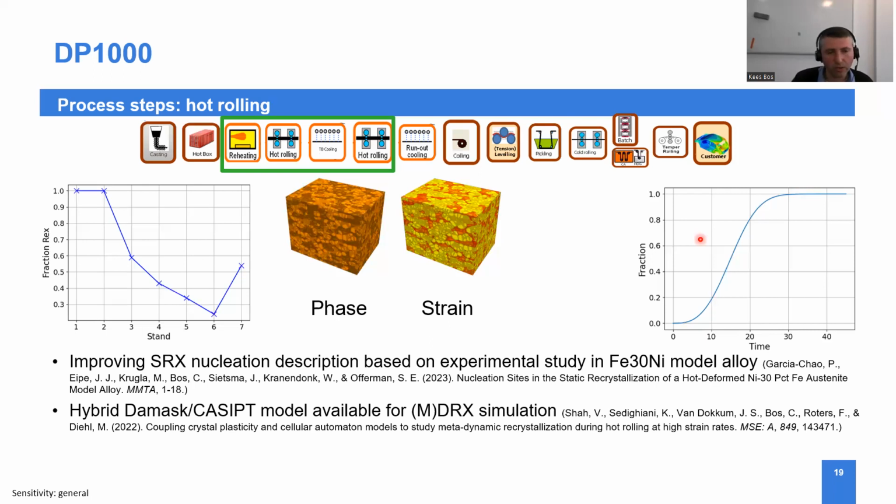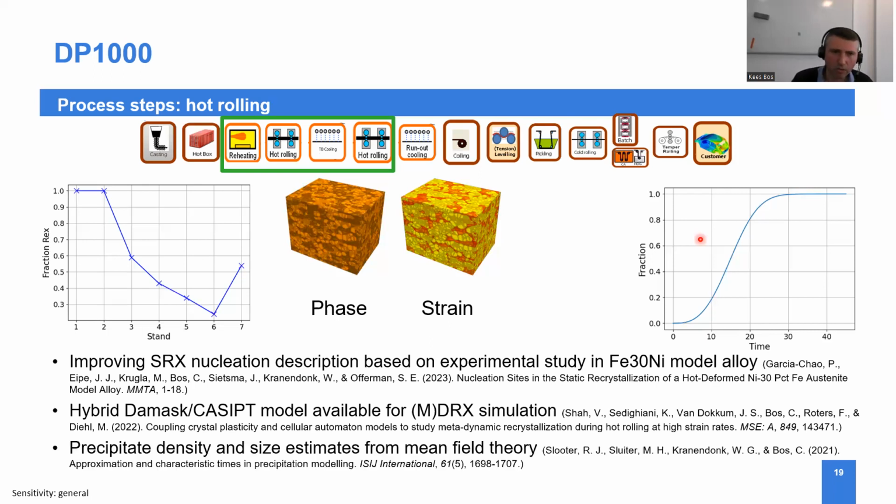And something also that I want to mention is that here in the reheating stage, where the precipitates that might be present will be dissolving, we can make a nice connection to improvements that Rutger Sloter made in his PhD work using a mean field theory, which gives us a very efficient way to calculate which precipitates might still be present after the furnace reheating.